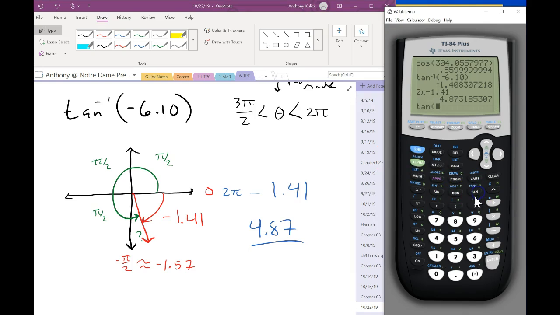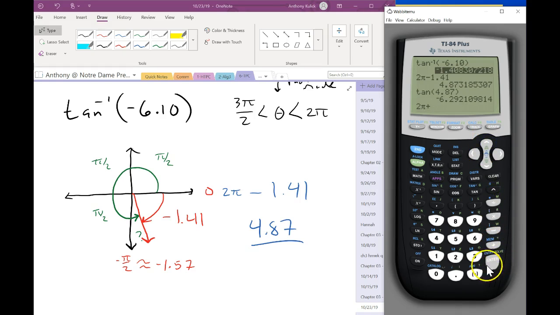And again, we can check this by doing tangent of 4.87. Which is pretty close. Why are we off? Because we rounded. Let's see if we can get that a little closer if I cut out the rounding.